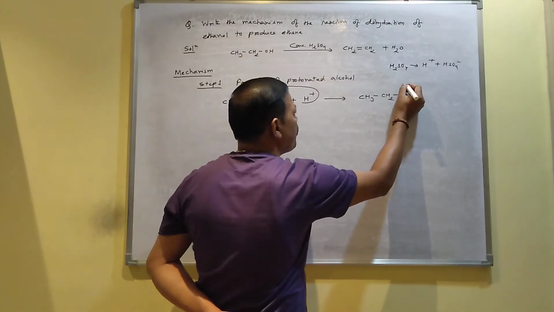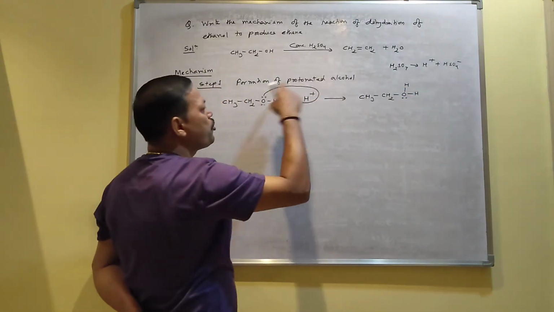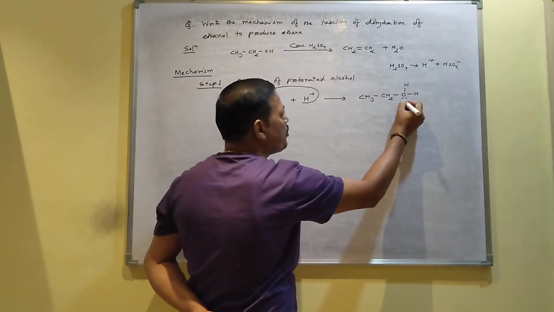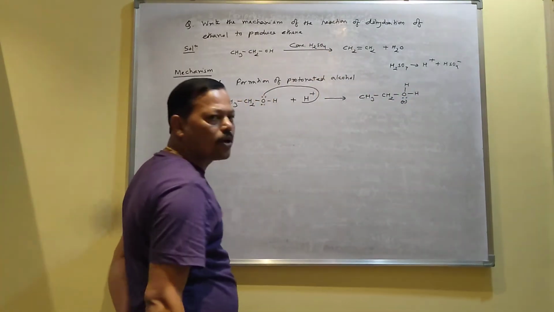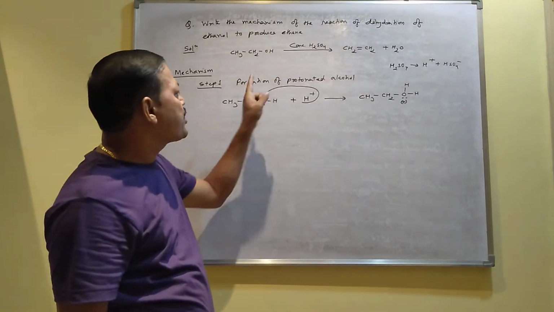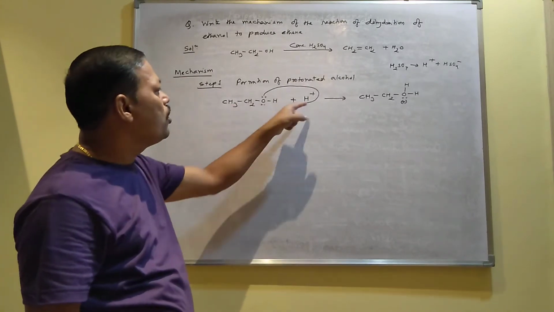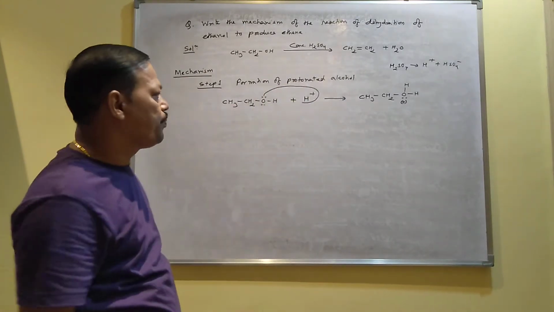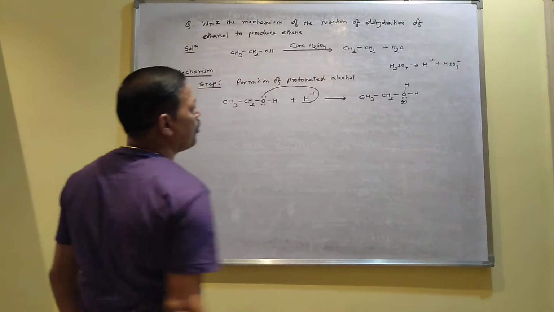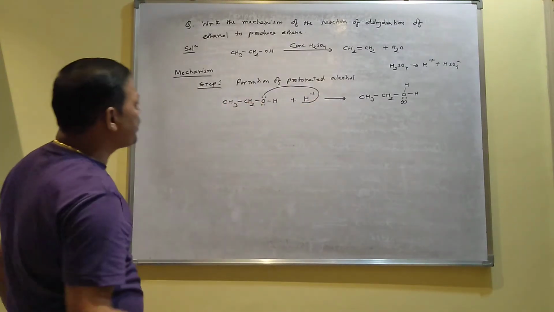Another hydrogen comes here. So one lone pair is left, this lone pair produces the bond, and that is why oxygen will carry a positive charge due to the presence of one lone pair. You know, H plus is also called a proton, and that's why the step is called formation of protonated alcohol. I mean, with the alcohol we have added one proton, and this is called protonated alcohol. So first alcohol will convert to protonated alcohol.